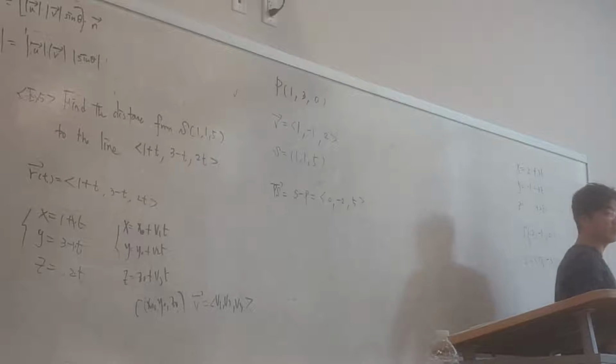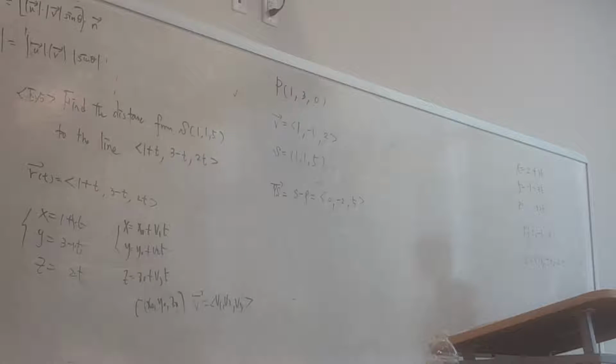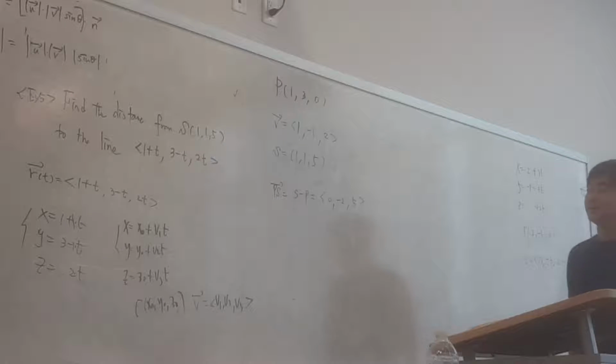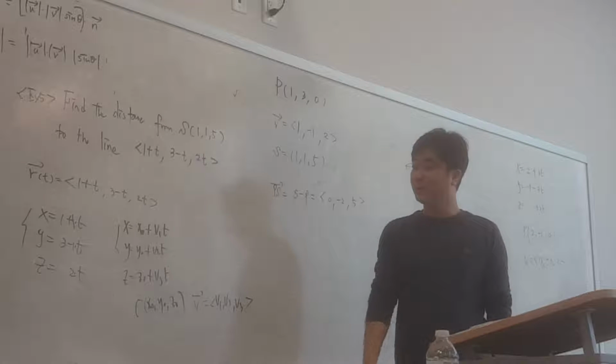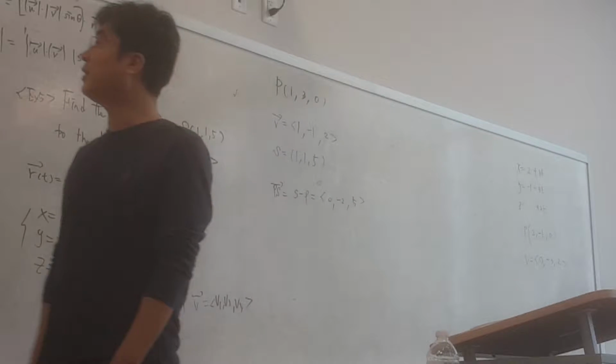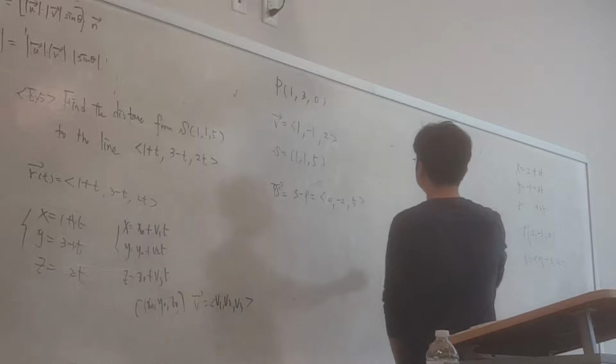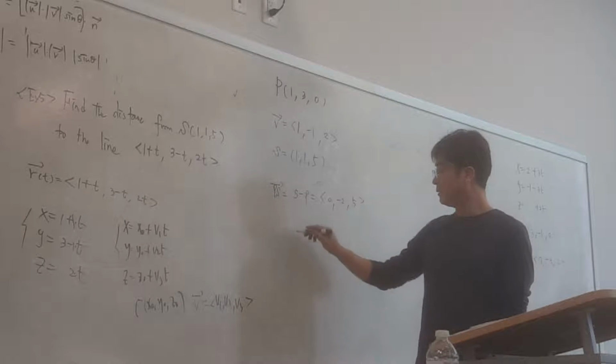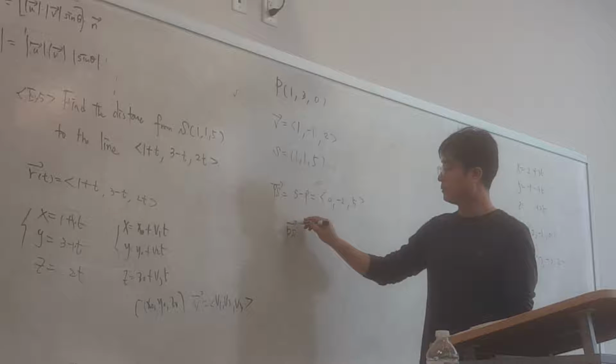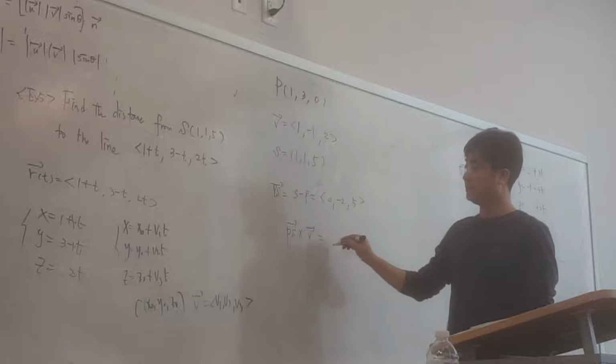This is my PS vector, S minus P. And we have a V vector. So first of all, by looking at my formula, we have to find the cross product and its length, right? PS and V vectors. So let's take the cross product, PS cross V.